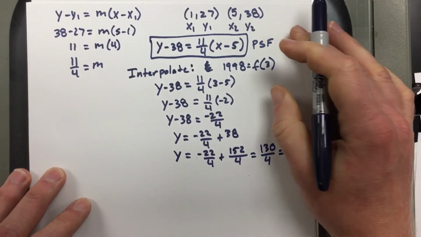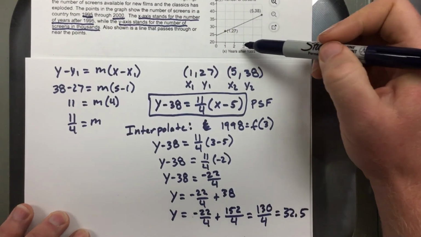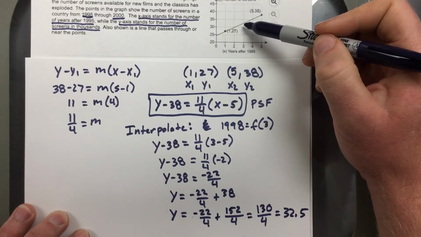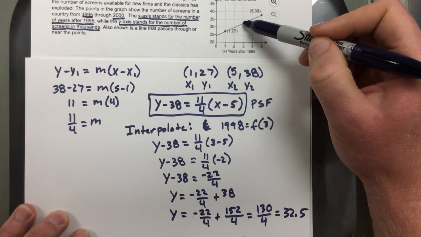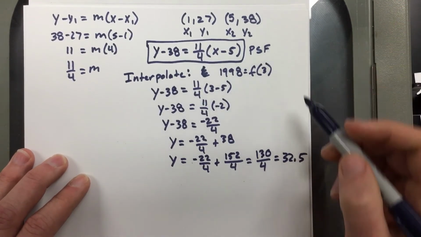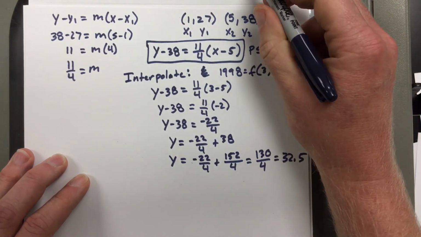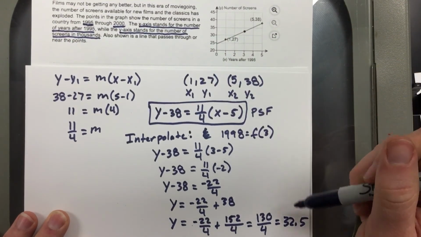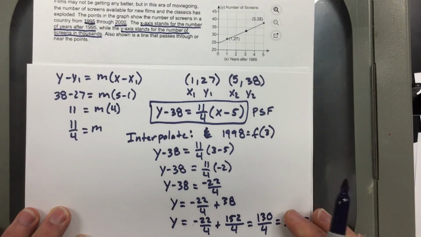If I look on the graph at 3 and go up, you can see there's 32.5 right there. So 32.5 makes sense. This is 32.5 what? It's really 32,500 screens in the year 1998.